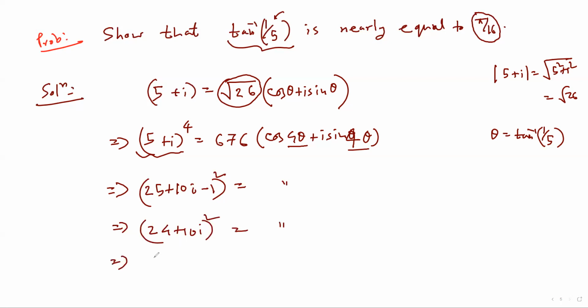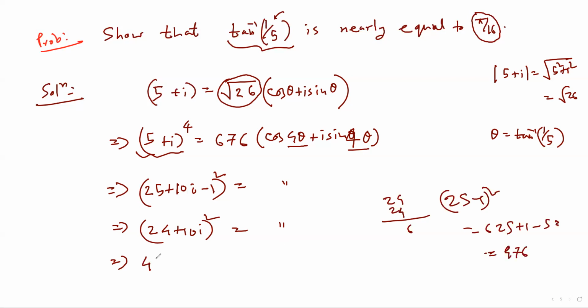Take the square now. 24 square is, I think, 625 actually. Okay, what is 24 square? 4 4s are 16. Okay, we can do this trick actually. So this is 625 plus 1 minus 50, so 626 minus 50.